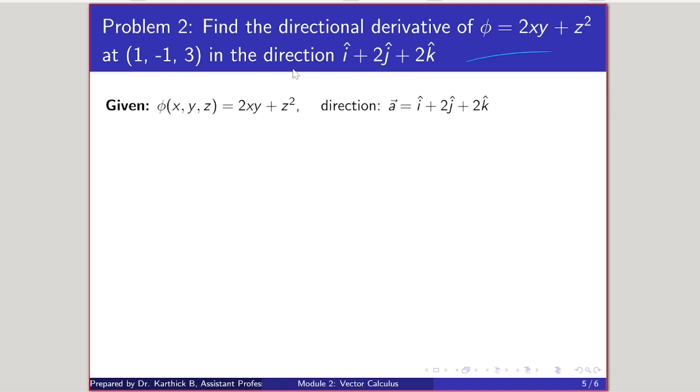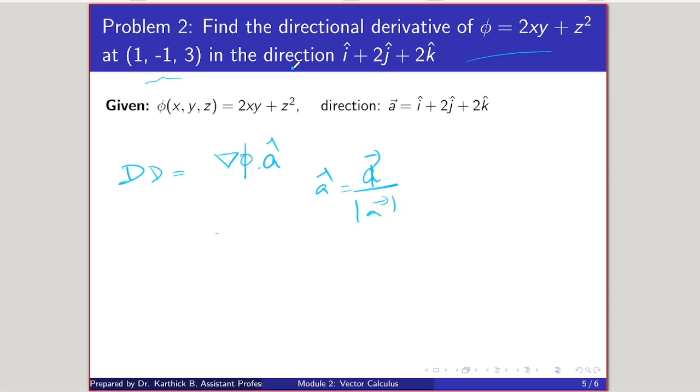Now we want to find the directional derivative of this function phi in the direction i cap plus 2j cap plus 2k cap at the point (1, -1, 3). Same as before, to find the directional derivative we want to find gradient phi and a cap, where a cap will be a vector divided by modulus of a vector.